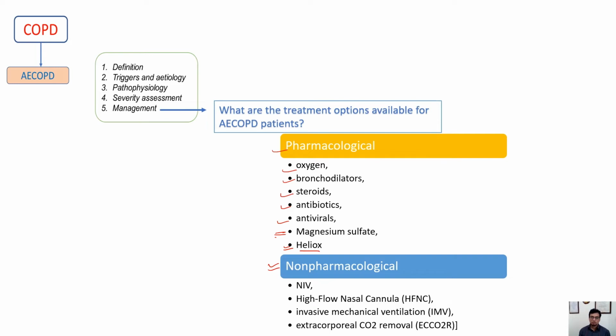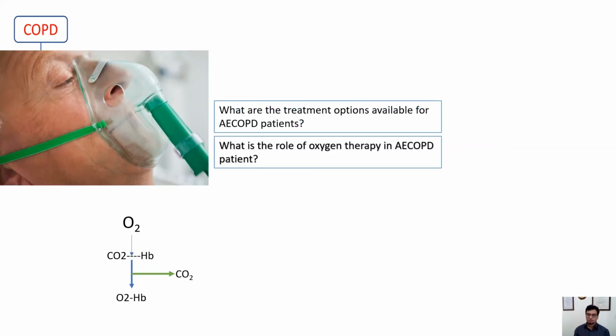So these two do not have much role, but antiviral, yes, you can consider if you are suspicious of H1N1 or recently corona. Both pharmacological and non-pharmacological treatments are instituted depending upon the severity of the disease. If a patient has very severe COPD, then you have to start the patient on mechanical ventilation or HFNC or extracorporeal CO2 removal devices.